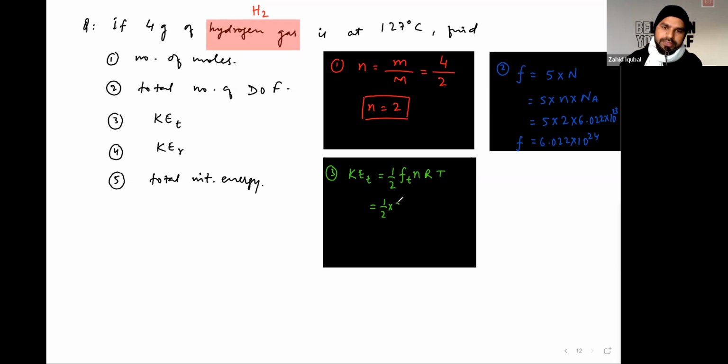Number of moles we have is 2. R is the universal gas constant, so it will be 8.314, and temperature is 27 degrees Celsius. If we convert it into Kelvin, it will become 400. Just simplify it, you'll get your answer. So 2 and 2 will cancel out. 4 into 3, 1200 multiplied by 8.314.